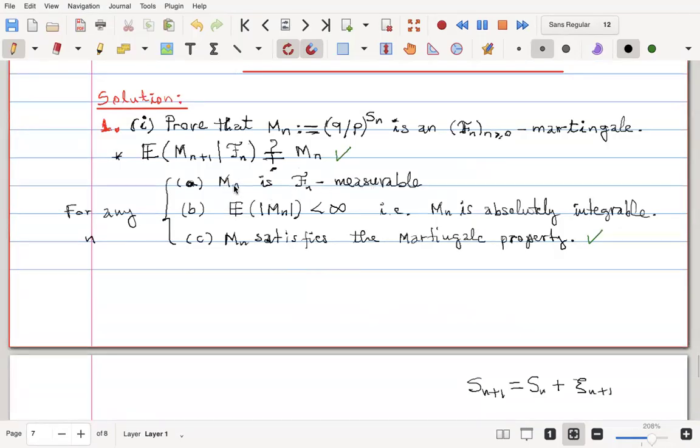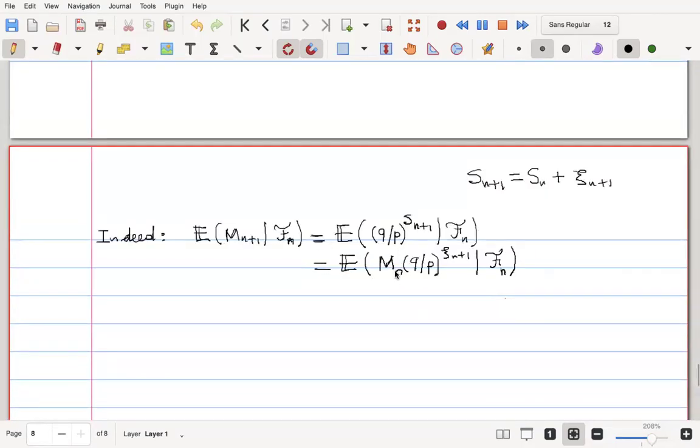If M_n is F_n measurable, it means that it is known, so I can take it out.